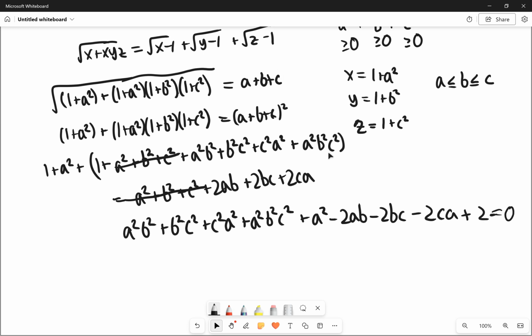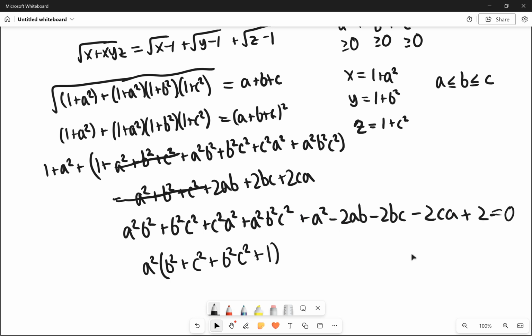And we have a lot of squares here, and it's only a quadratic in a. And a seems like the more restricted one because we have that extra term, and a is the smallest one. So let's write this as a quadratic in a. So this is a squared. Gathering the terms, we have a b squared term, a c squared term over here, and then we have a b squared term here, and then finally an a squared term here.